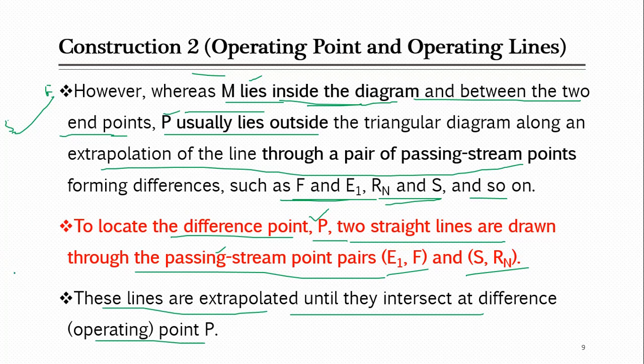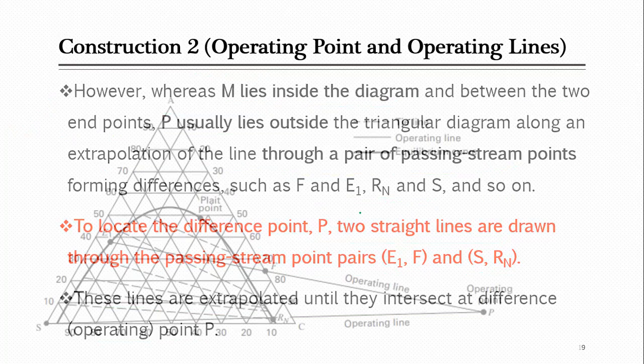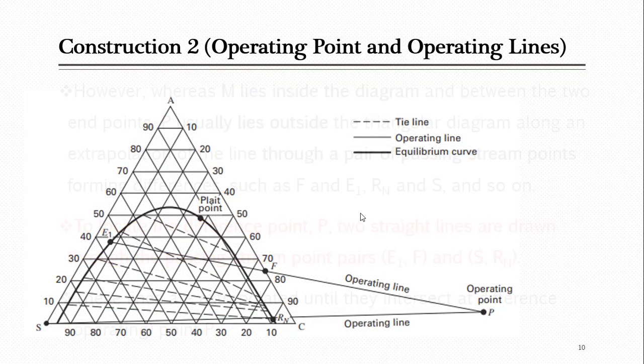You located the feed, the solvent, E1 and Rn. So these points are very easy. Before coming to the P point, you have already located them. These can be used for drawing the lines which you extrapolate to some point which is called P. So let's look at this diagram to see how you will locate P.